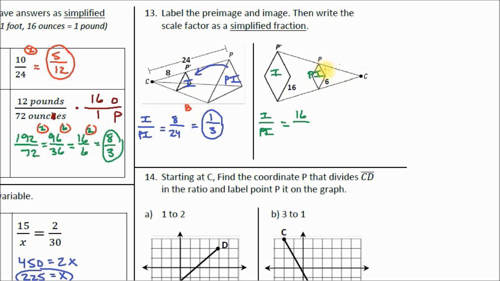The distance to our pre-image is 6. These are both divisible by 2. So 16 divided by 2 is 8, and 6 divided by 2 is 3. That can't be reduced anymore because 3 is prime. So our scale factor there is 8/3. This is clearly an enlargement, so we better have a scale factor greater than 1, and we do.